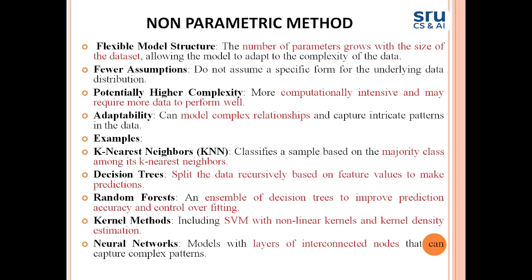Then we have random forest, an ensemble of decision trees to improve prediction accuracy and control overfitting. Kernel methods include SVM, support vector machine, with nonlinear kernels and kernel density estimation. Neural network models have layers of interconnected nodes that can capture complex patterns.